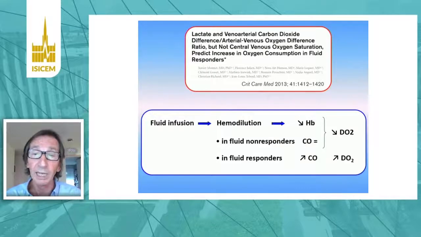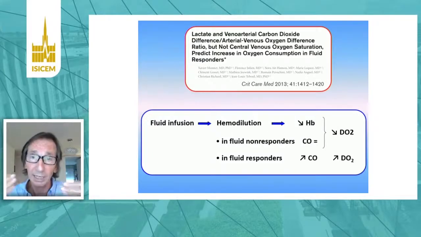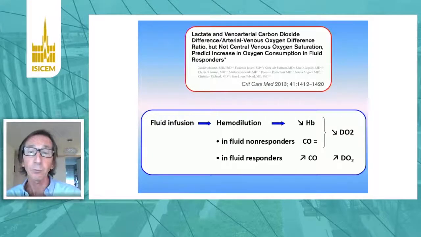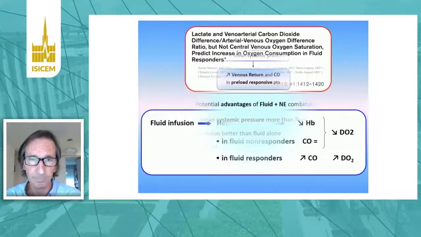Only in responders, we can have an increase in oxygen delivery. But if we give norepinephrine at the same time, we can have a better oxygen delivery because we can increase cardiac output more, and also the redistribution of blood towards the stressed volume is made by blood and not by only plasma. So we have an increase in oxygen delivery.